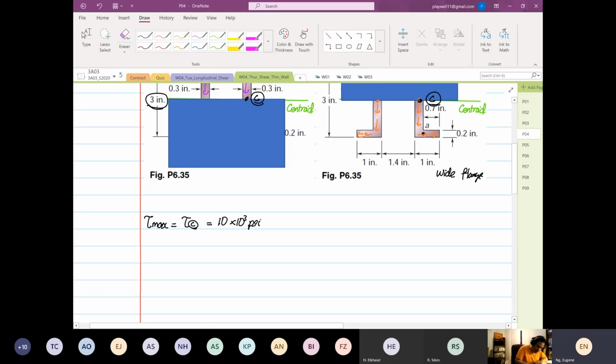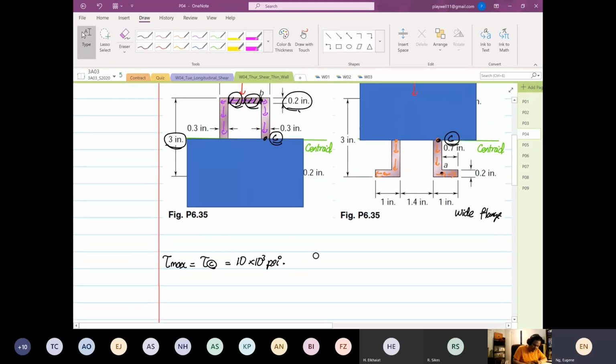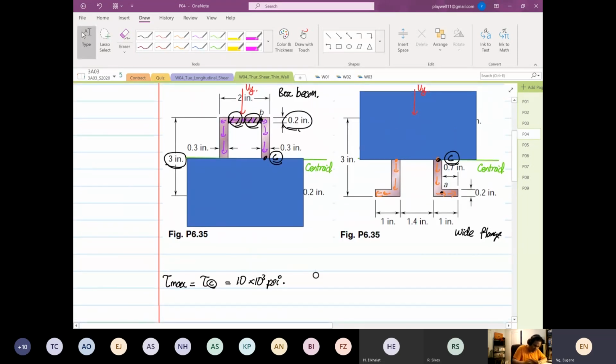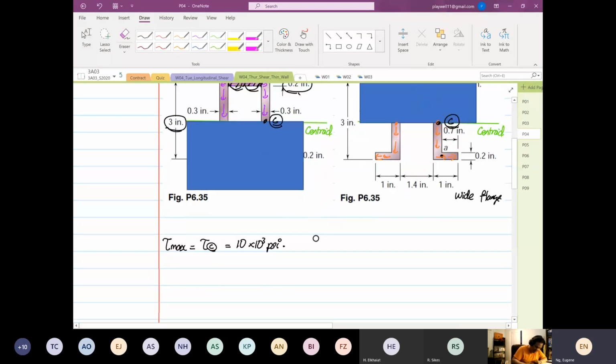Now, what I want to show you is, hey, why don't we do this? Okay, we try to analyze from the top and we try to analyze from the bottom. So we're going to analyze from the top. I'm going to use this view down here.